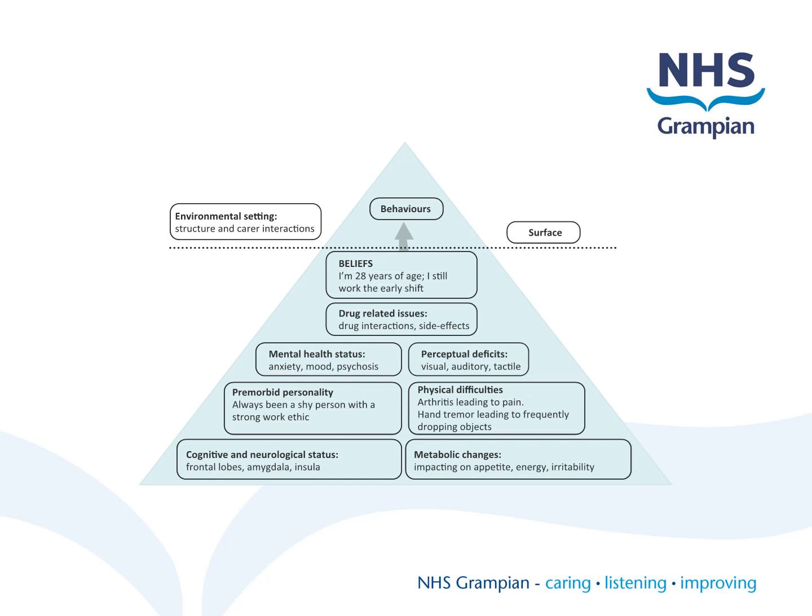We can also consider Robert's mental health. So we know that pre-morbidly, Robert was a shy person. In addition to this, his family have described him as being a bit of a worrier. We've also noticed that since Robert moved into care, his mood can dip sometimes. He can appear quite low and quite tearful and anxious.